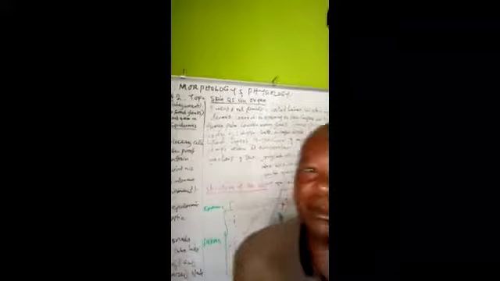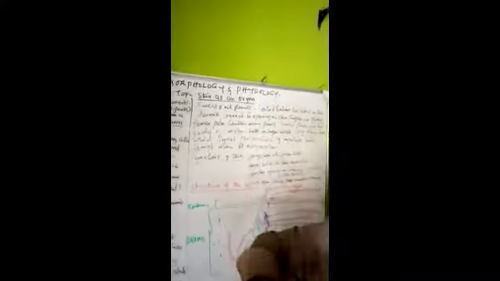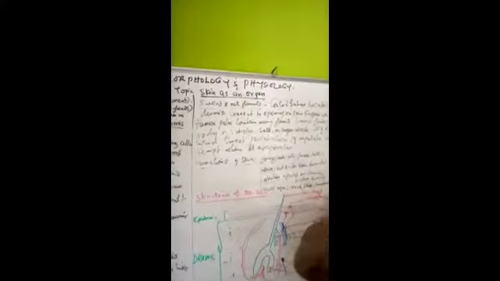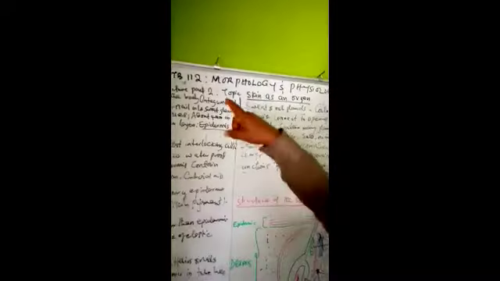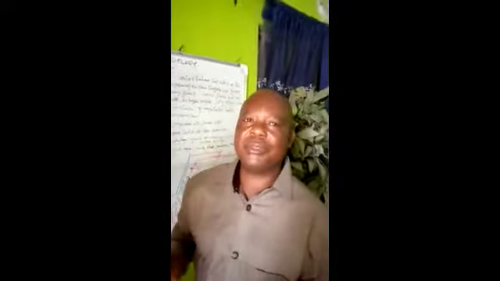The skin is the outermost covering of the body. Some textbooks and some authors call it integument. Skin has outgrowths.